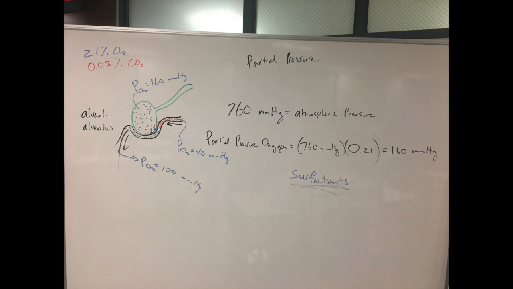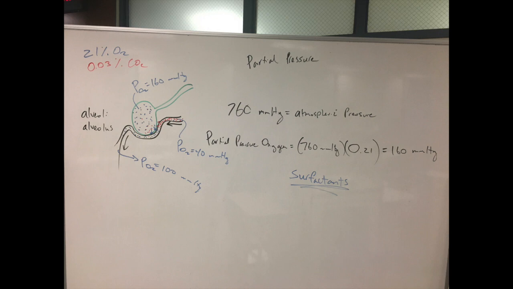If we wanted to figure out how much of that pressure is exerted by oxygen alone, it's a really simple calculation. You just take the percentage that oxygen makes up of the atmosphere, which is 21%, and you multiply that by the total pressure.